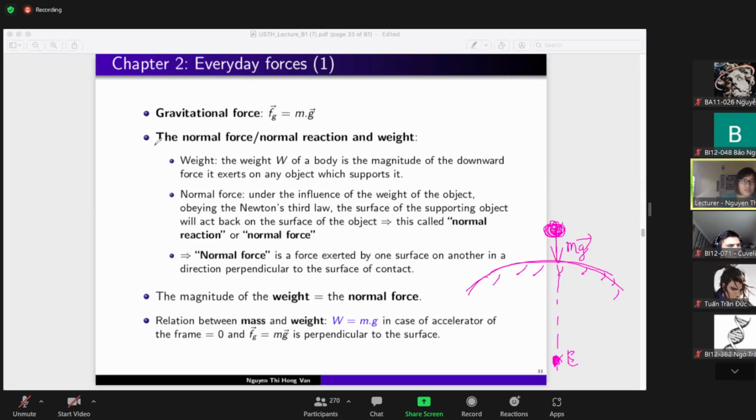The second type of force is a normal force or normal reaction. What is it? So, for example, you have a table. This is a table. The object is resting on the table.